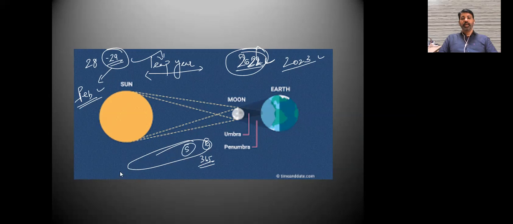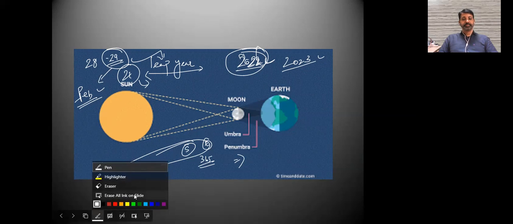There is a minute variation of around 6 hours when it is revolving around the sun. It takes 365 days plus 6 hours exactly. Since adding that 6 hours is a little tricky for calculation purposes, we add them once in 4 years. So 24 hours will be added, and in February we will add one day. So February 29th will come. That is why this concept is there. Am I clear? Yes.